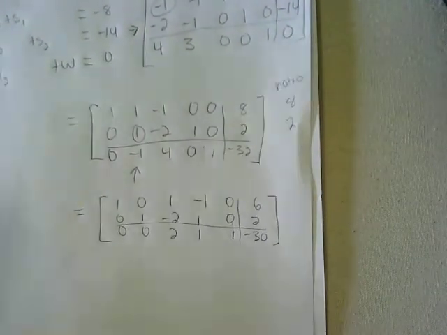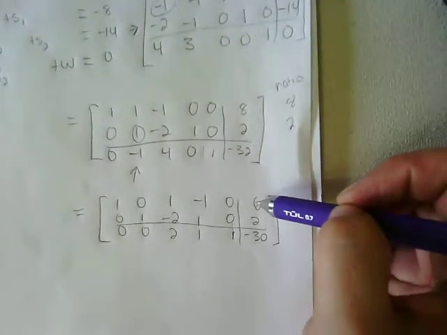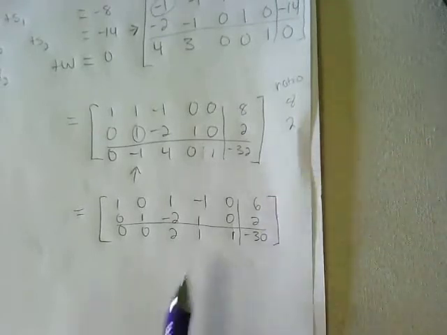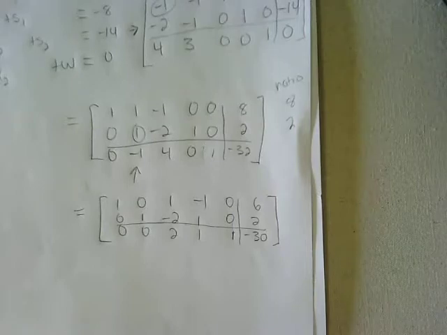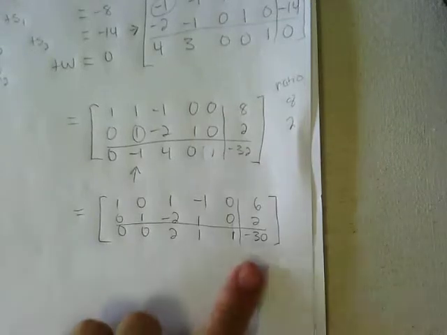Now I have no negative elements here, and I have no negative elements here. That means I am finally at a solution that is feasible and also optimal, and I can go ahead and write out what my answers are.